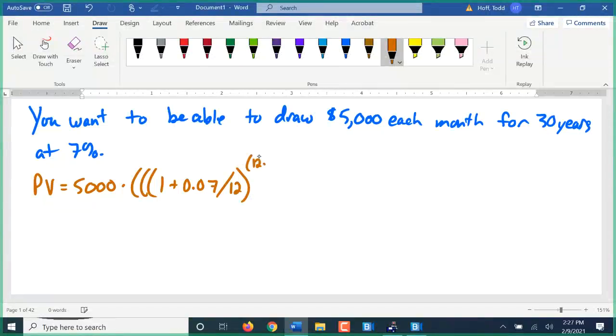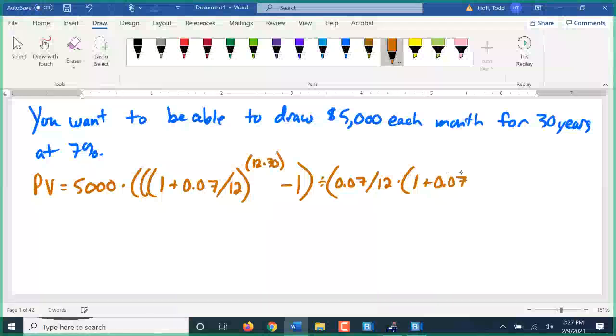The power of 12 times 30, because it's 30 years, minus 1. Close parentheses, divided by, again, it's r, 0.07 divided by 12, times, parentheses, 1 plus 0.07 divided by 12, close parentheses. The power of 12 times 30 again, and we close up the parentheses.